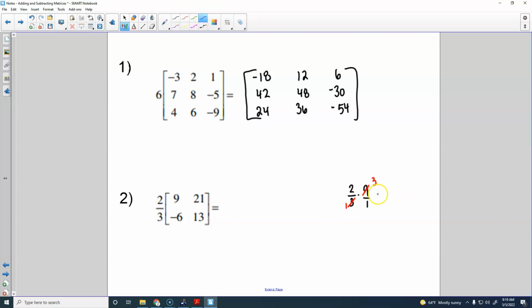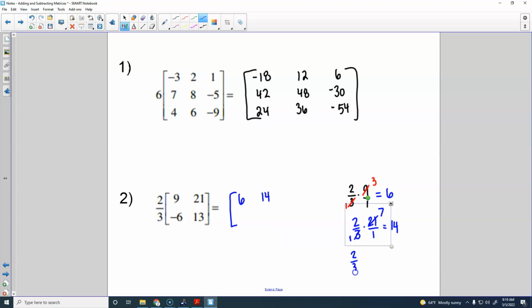So that's just going to give you 6 in the matrix there. You got 2/3 of 21. So 2/3 times 21. Reduce that. Divide both of those by 3, you get 7. So you get 14 for that one.